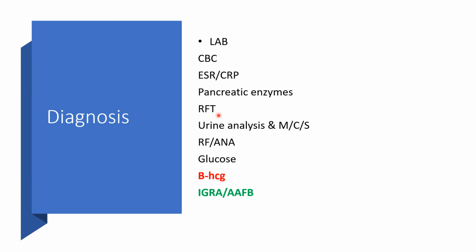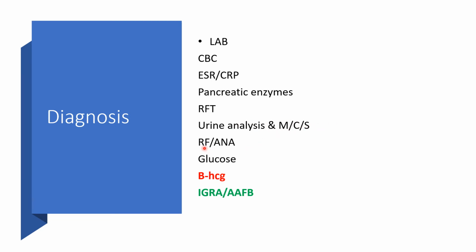Renal function test, we thought of possibility of pyelonephritis the other time, and particularly in someone having urinary incontinence, although it's pointing to Cauda Equina Syndrome, but when there's urinary incontinence, have urine analysis and microscopic culture and sensitivity done. Although this will help also when it comes to pyelonephritis.